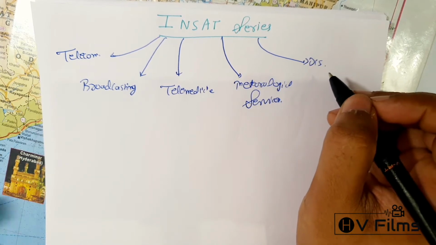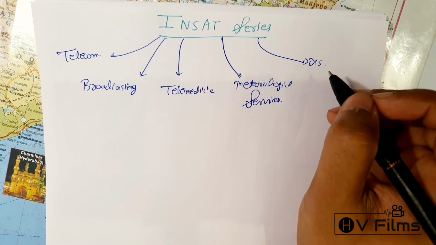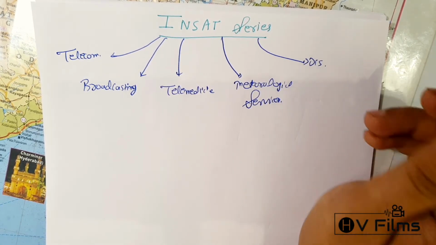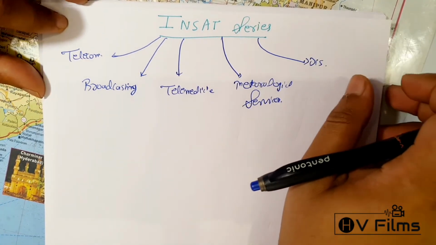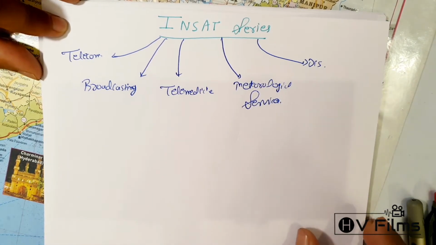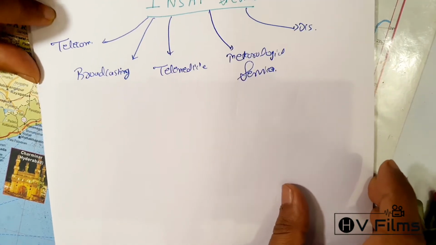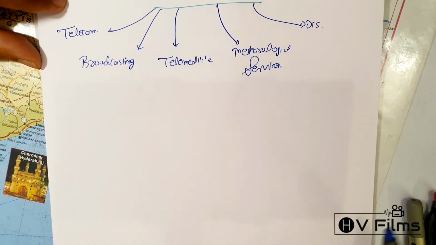Now, the very important principle communication satellites work on is the radio frequency bands. So, whenever you talk about the INSAT or whenever you're reading an article, they always mention radio frequency bands, the Ka, the Ku, the C band. So, let's understand these things in very layman terms, not in very deep.